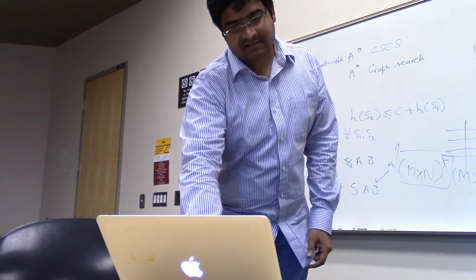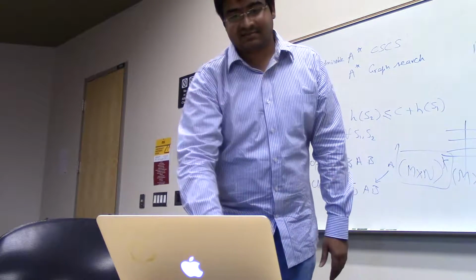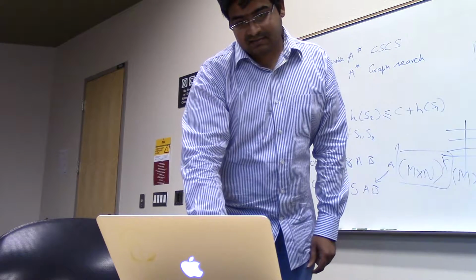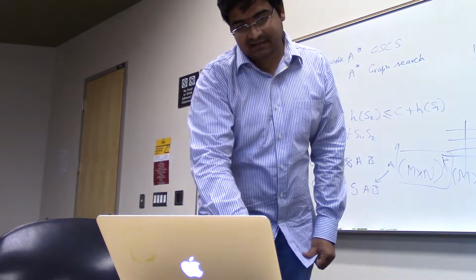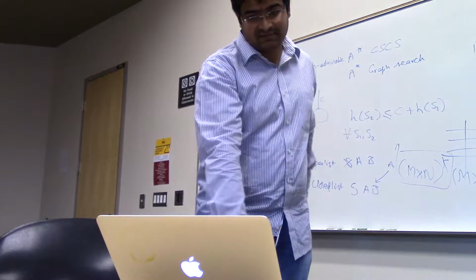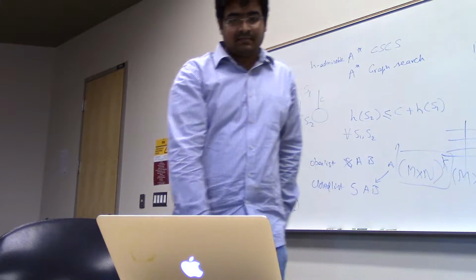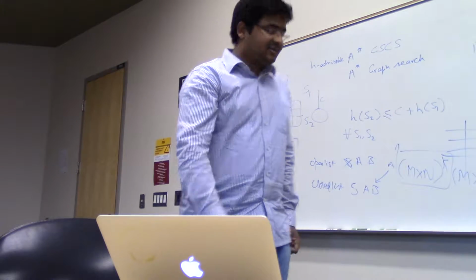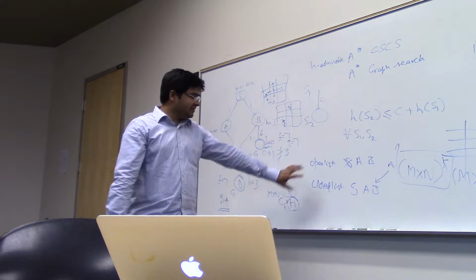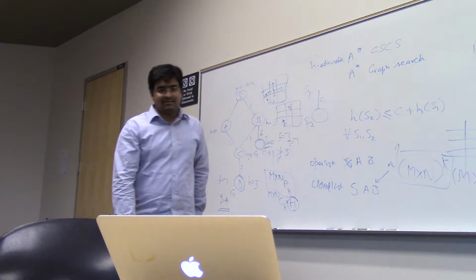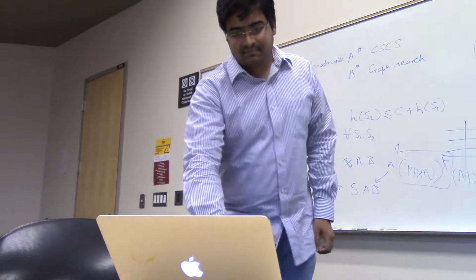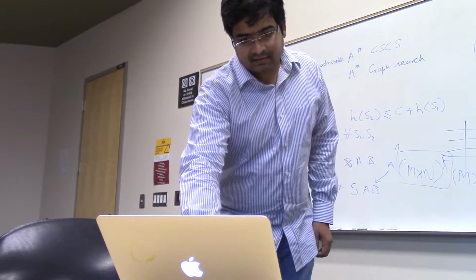So the closest answer would be mn power k in the given ones, because the ones involving other factors are too large, and the ones less than it would violate this one. Because in the worst case, this will be equal to that. This one is too small when k is 1, right? And these are way too big.